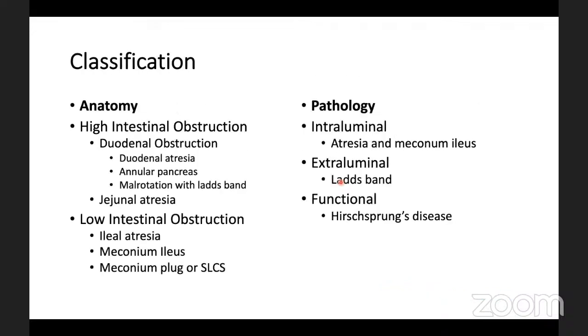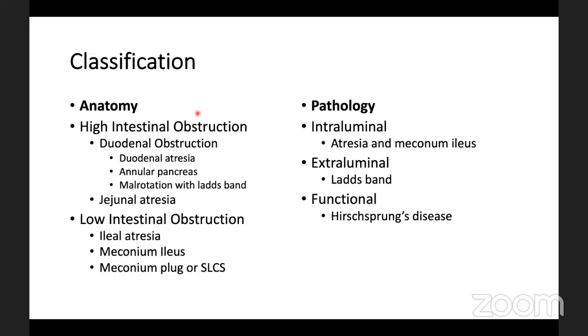There are many classifications for bowel obstruction. We can divide them into medical and surgical causes, and also into anatomical and pathological variants. I have divided them into these two for ease of understanding.